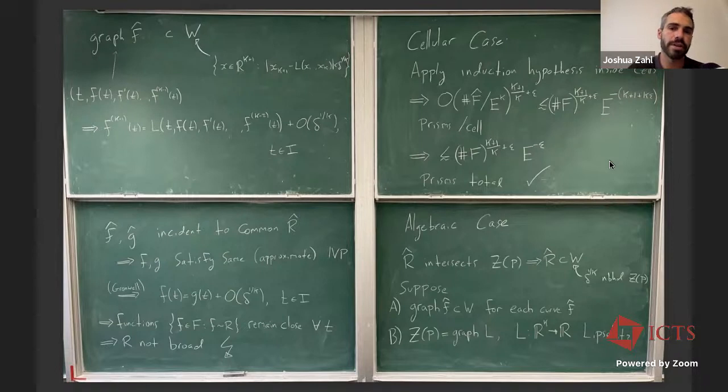And that's not allowed because the whole point is I'm interested in this set R hat of broad rectangles. And I've just concluded that if I'm in the algebraic case and these items A and B are true, then my rectangle fails to be broad. So that's a contradiction. And what this is saying is, at least up to these assumptions, capital A and capital B on the bottom right board, this algebraic case really isn't an enemy at all.